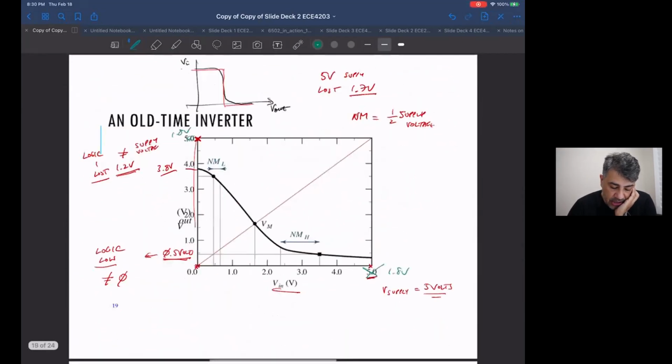it's not an actual CMOS thing. If I plotted the actual CMOS transfer curve, it would look kind of like this. It'd be a lot sharper and more obvious where the transitions are. Here it's a lot smoother, so it's kind of hard to see.